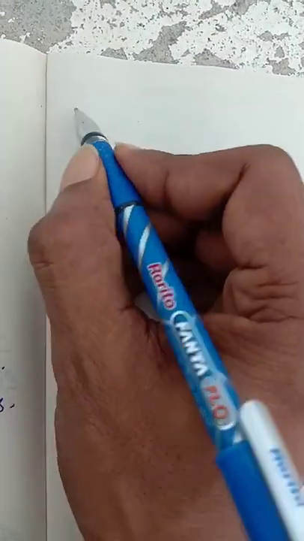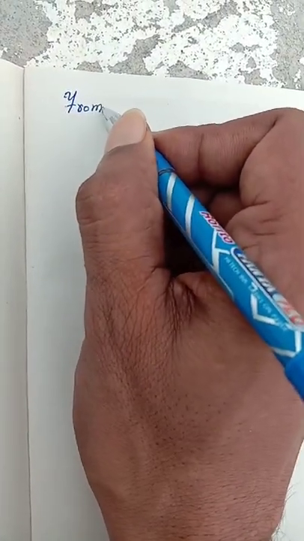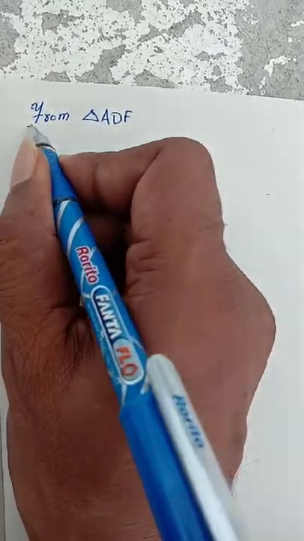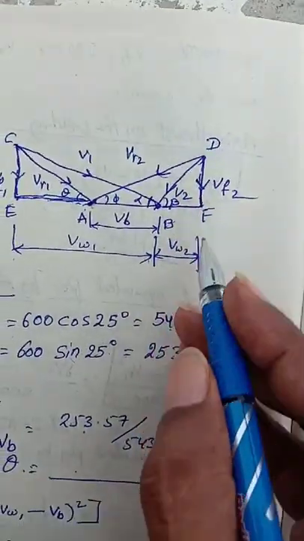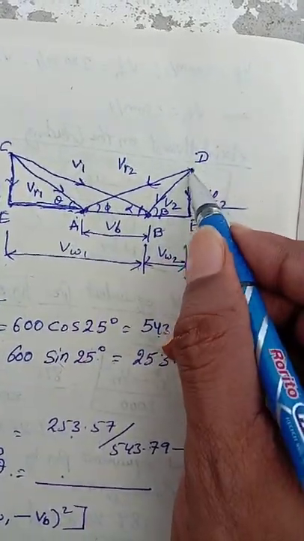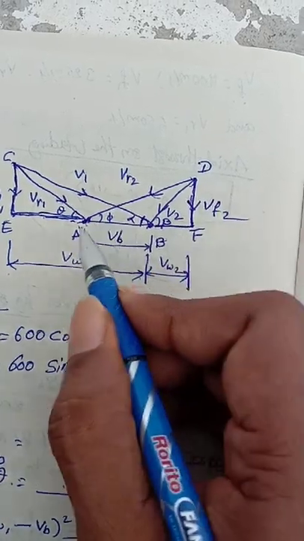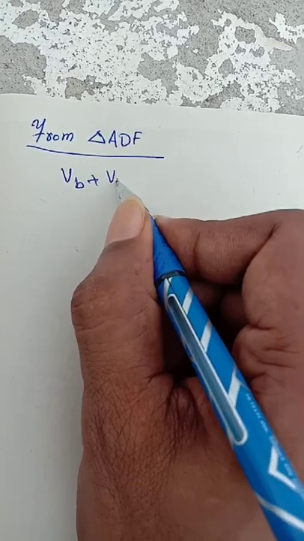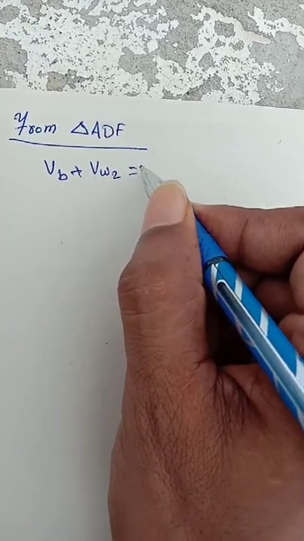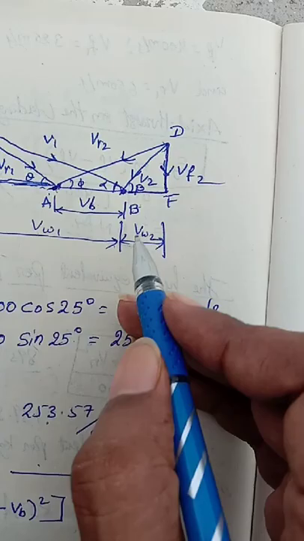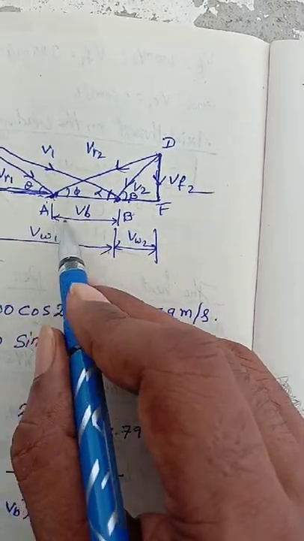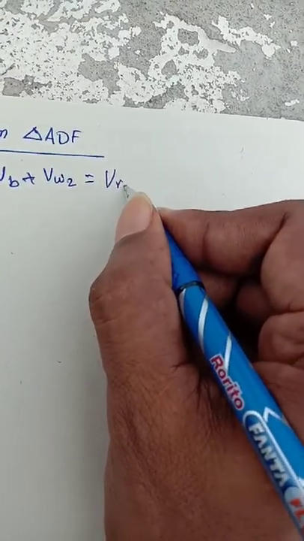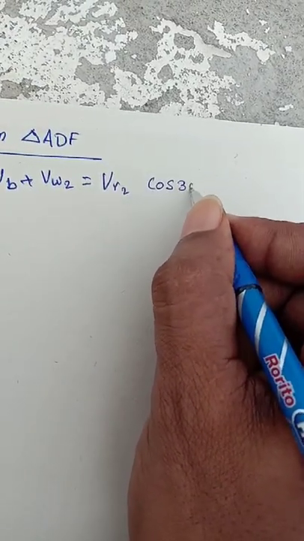Okay, and now I go for triangle ADF. You can take this triangle. Here we are going to find VB plus VW2, which is the total length AF, equal to VR2 cos 30 degrees.